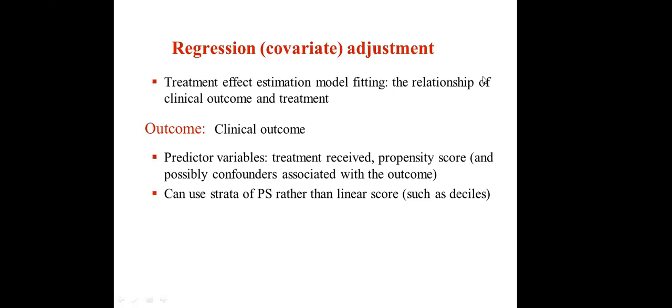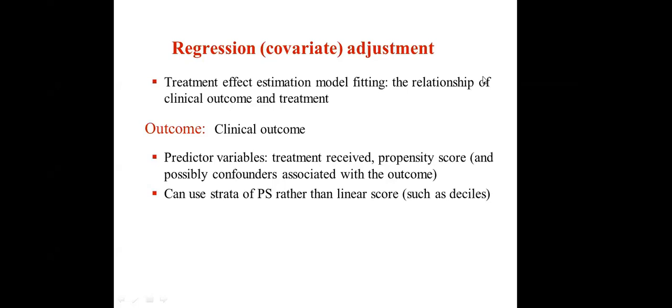We can have the propensity score as a covariate or a confounder adjustment, or we can throw in other confounders that we haven't looked at yet because they're related to the outcome, maybe not to the treatment group. Or we can use strata of the propensity score rather than just the score itself. Instead of 0.86, we can say, does stratum make a difference?